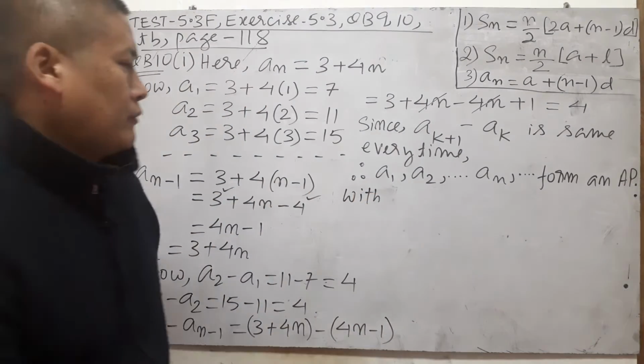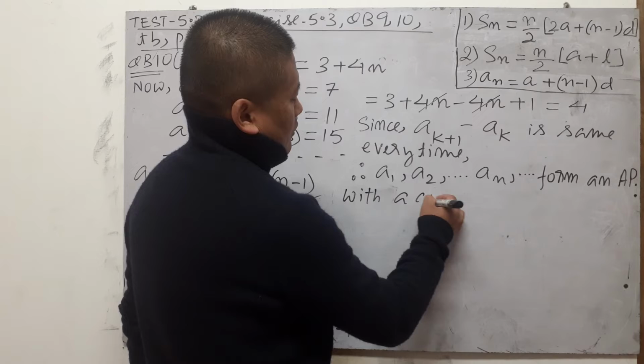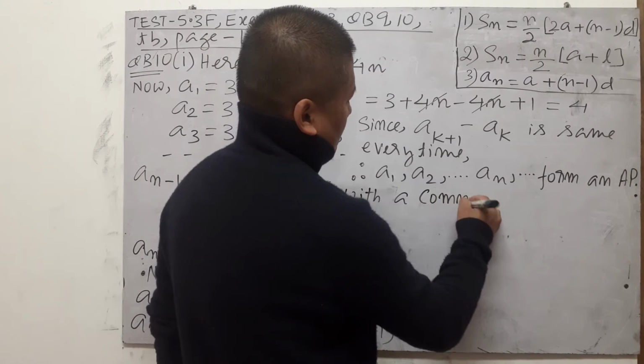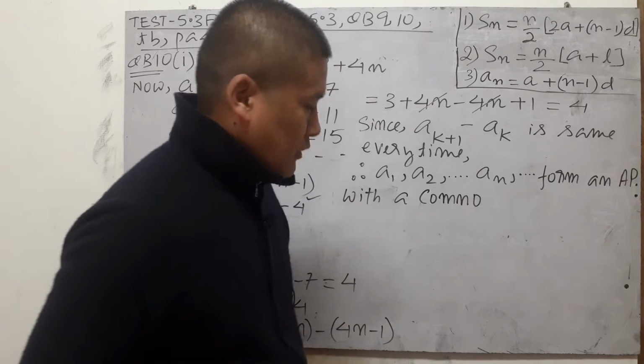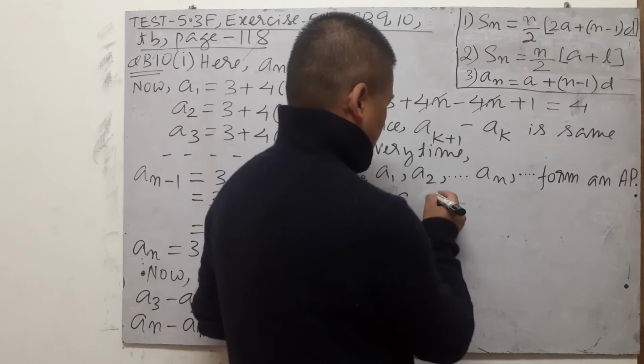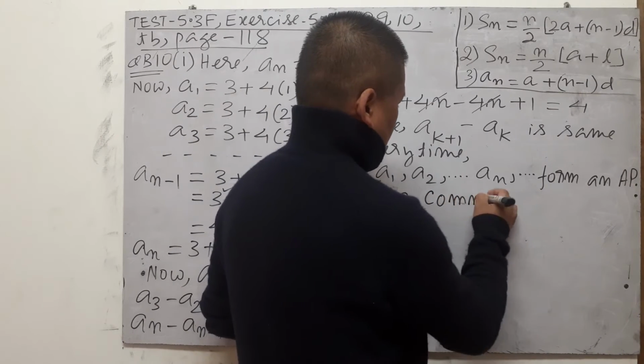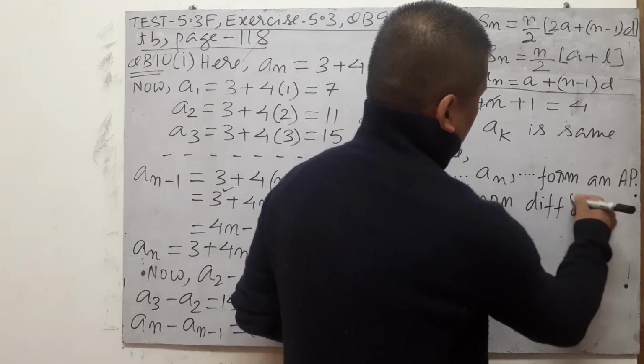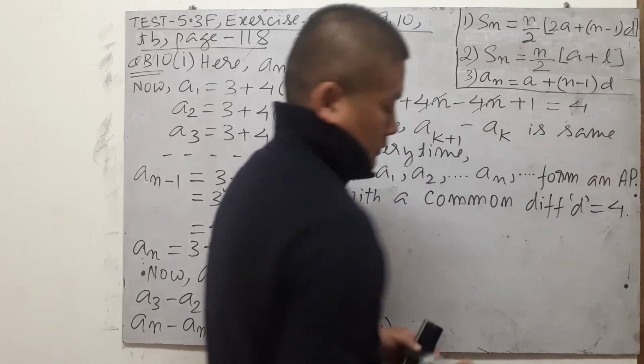Common means same. So with a common difference value d equal to plus 4.